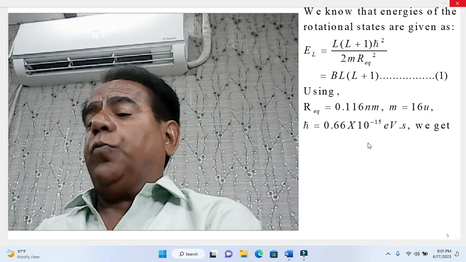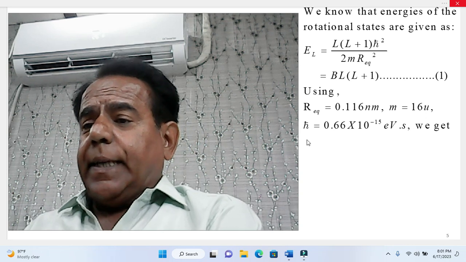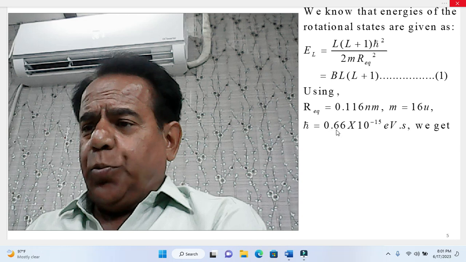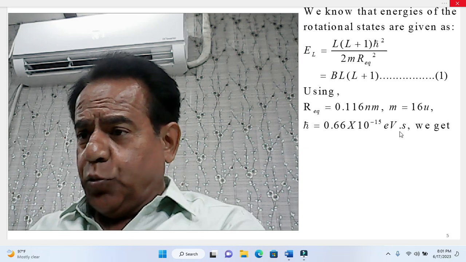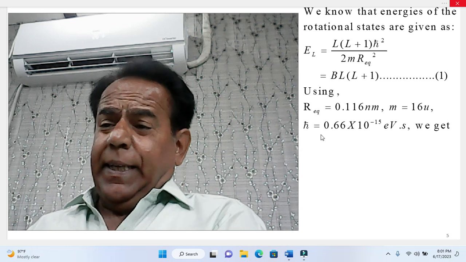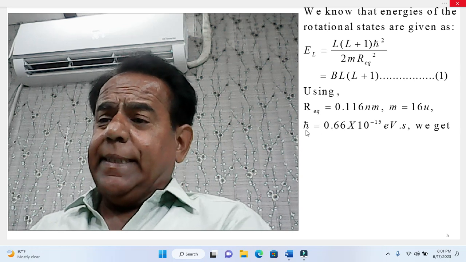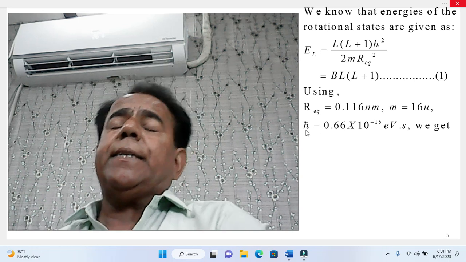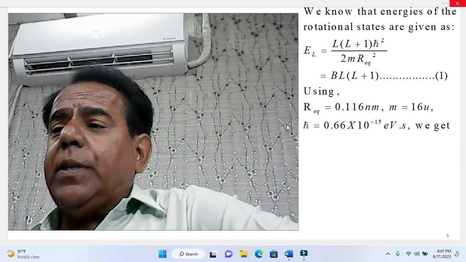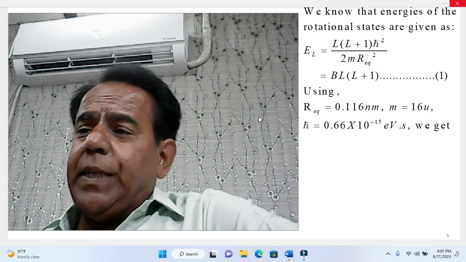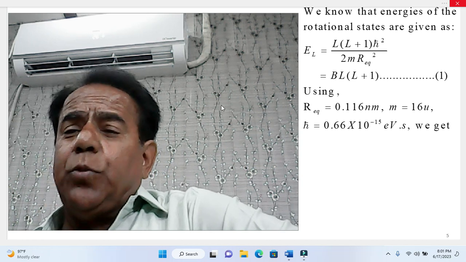Moreover, h cut is equal to 0.66 into 10 to power minus 15 electron volt into second. Dear students, the value of h cut or h bar or h reduced is not given in the table which we have used as a helping tool in this problem.